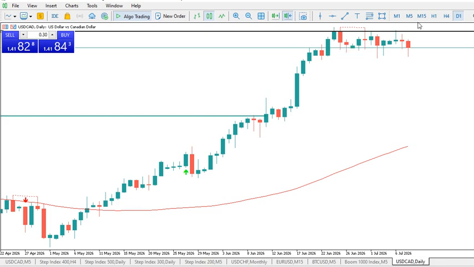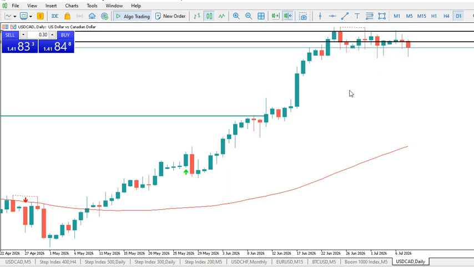For an A shape, for us to sell, we want price to come back into that level and then give us a confirmation that it wants to sell, and then we sell to the next level. But before this A shape, we had this open close level sitting right here.